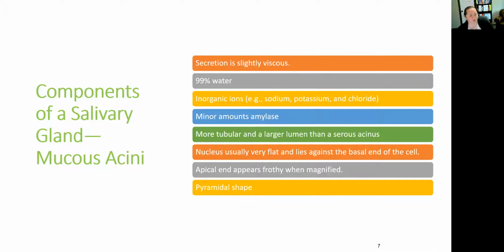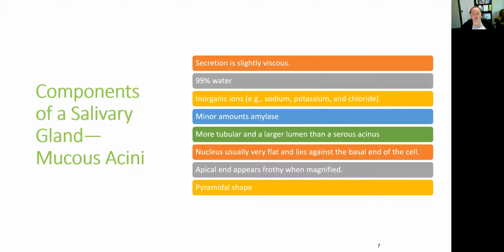Now we're going to mucus. The secretion is slightly viscous. What does viscous mean to you guys? Kind of like thicker. Very good. It is 99% water. It has inorganic ions such as sodium, potassium, chloride, and fluoride would also be part of this. And this has very little amylase in it.